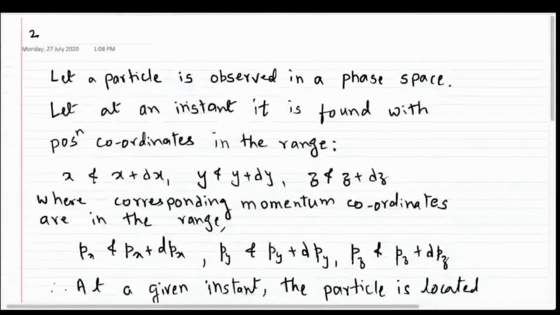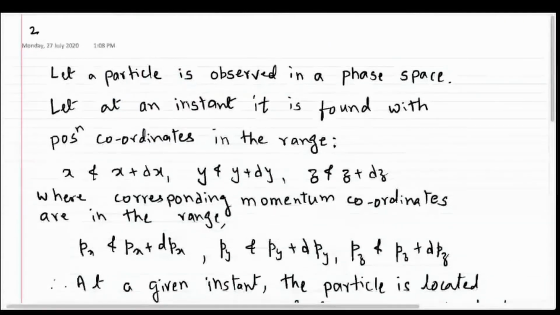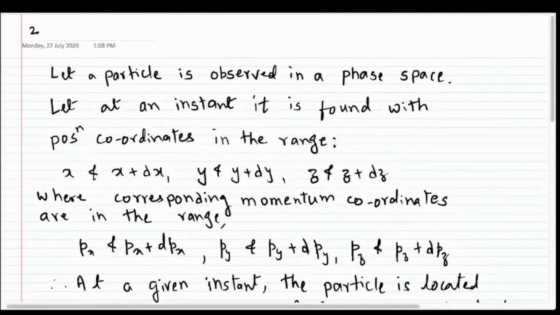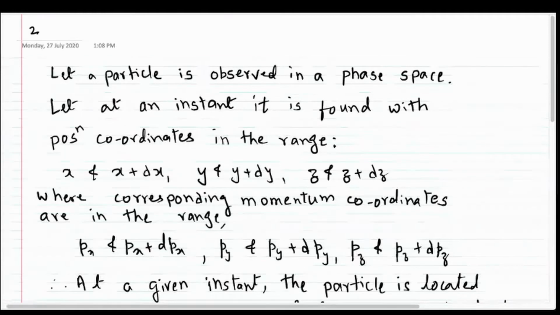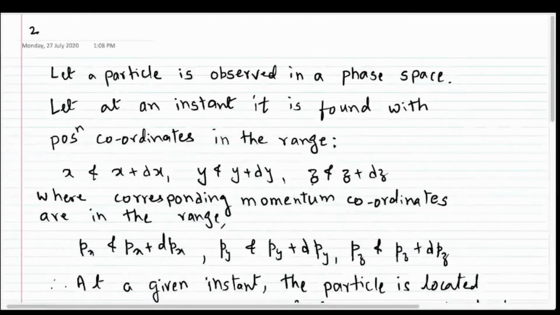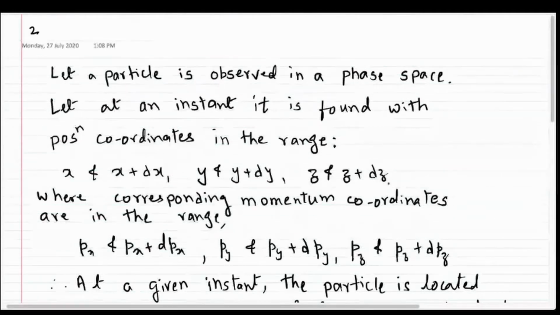Okay, so this much we had already seen last time. I just repeated that. Now let's come to the next part. Let a particle be observed in phase space, and let at an instant it be found with position coordinates in the range x and x plus dx, y and y plus dy, z and z plus dz. What does this mean?